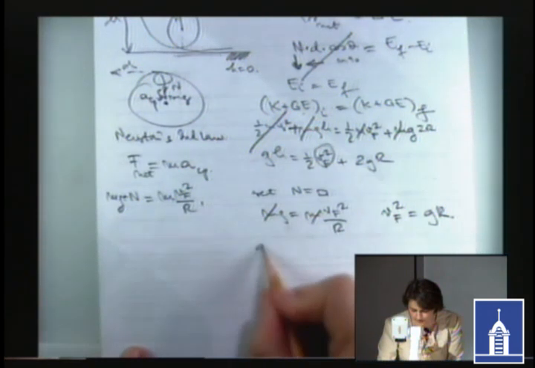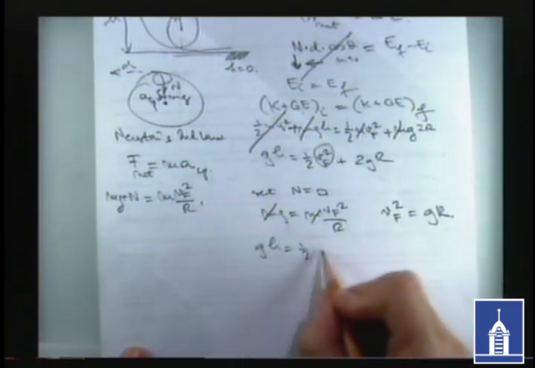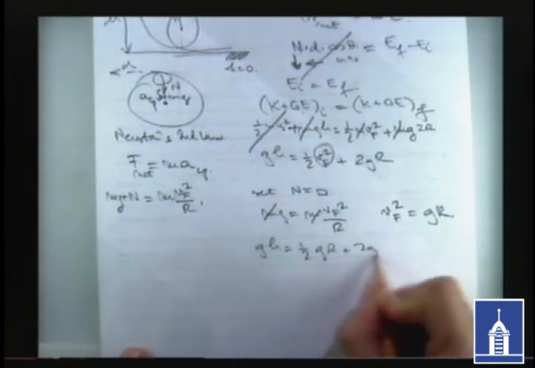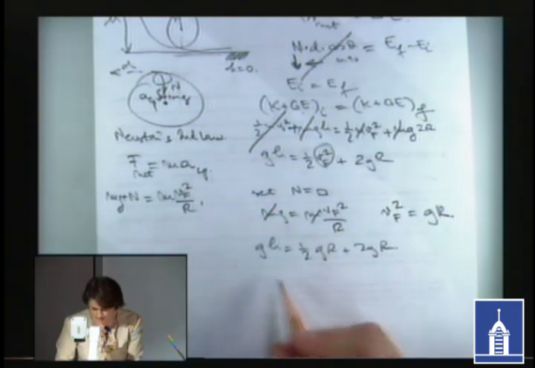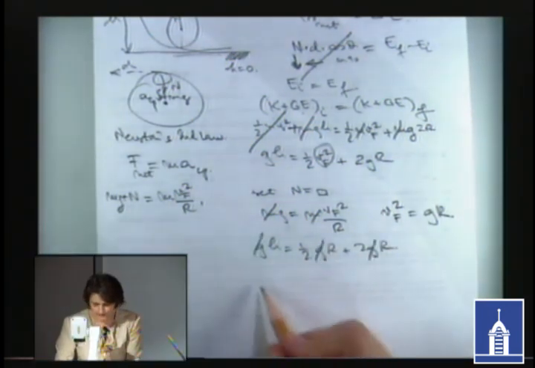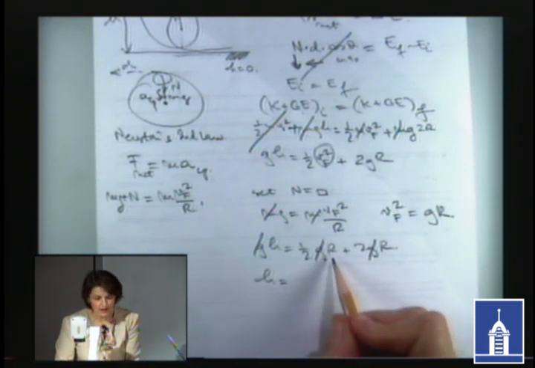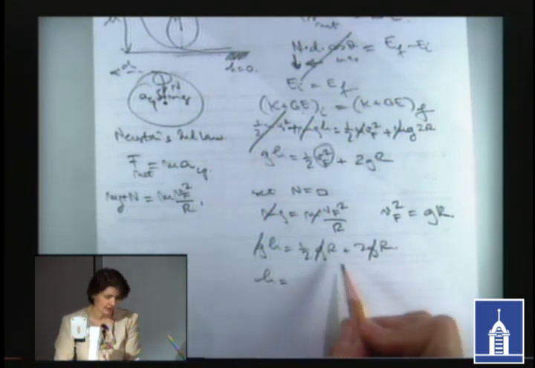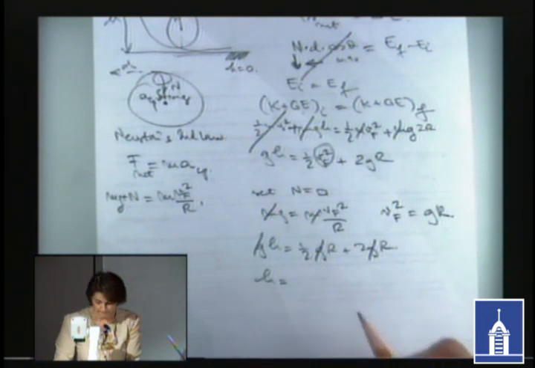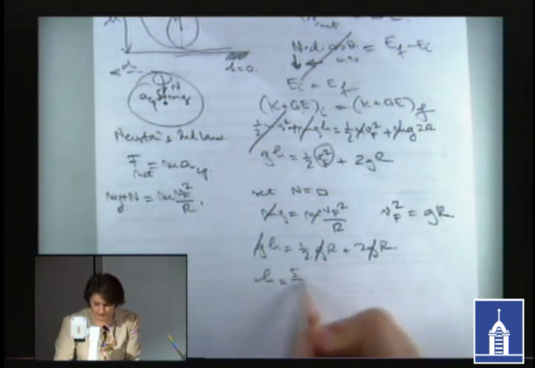Let's go back here. gh equals 1/2 gr plus 2gr. g, h equals, what is r plus half of an r? 2.5 r? Okay.